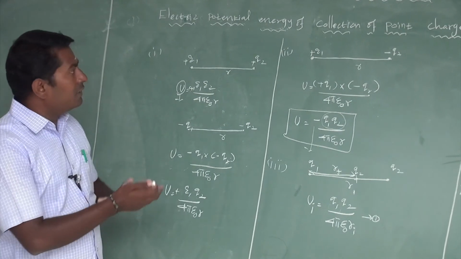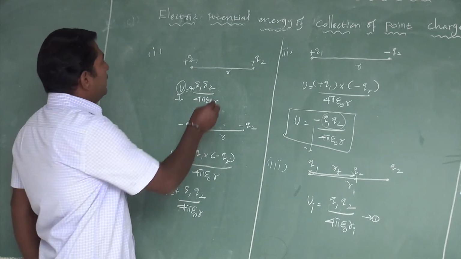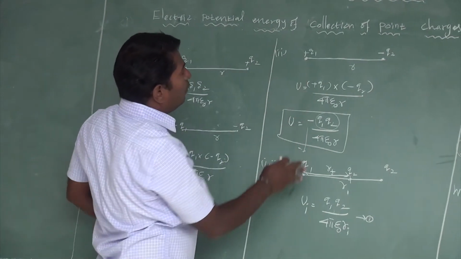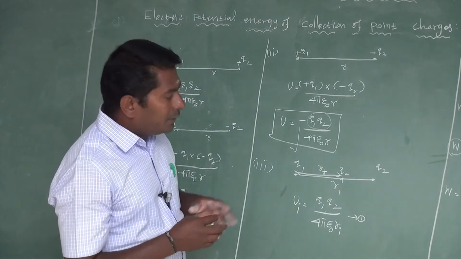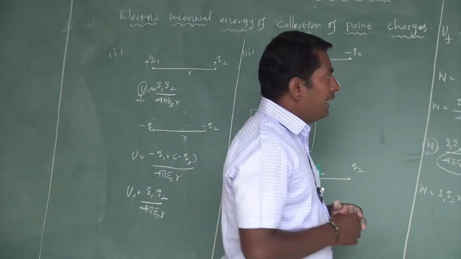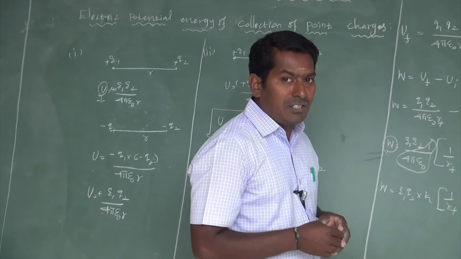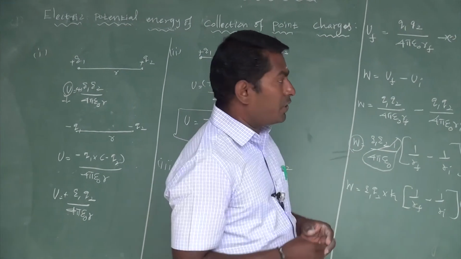After this, we are going to calculate the electric potential energy of a collection of point charges. For a system containing three point charges, how can we calculate the electrostatic potential energy of the collection of three point charges?